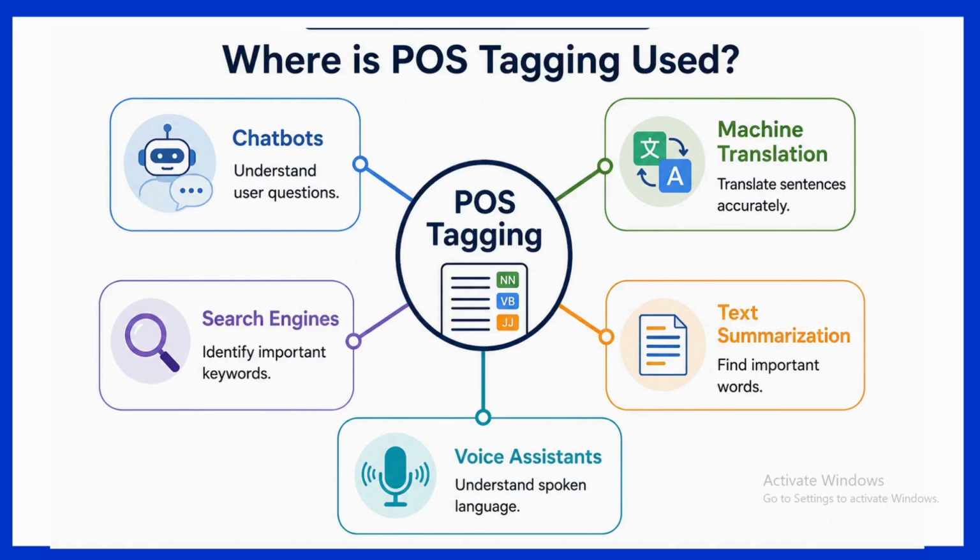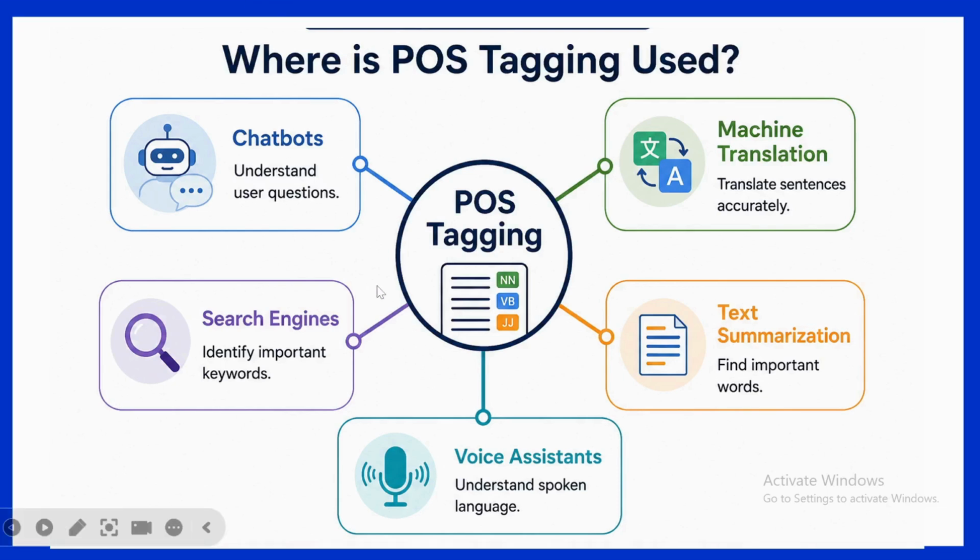Finally, it is used in voice assistants such as Siri, Alexa, and Google Assistant. These systems first identify the grammatical structure of spoken sentences before interpreting the user's request and providing an appropriate response. So POS tagging plays an important role in many AI-powered applications that we use every day.